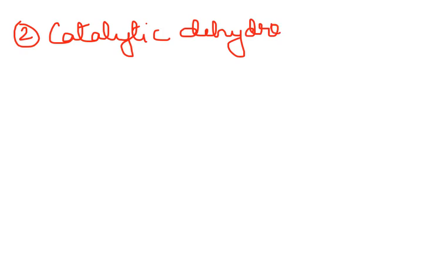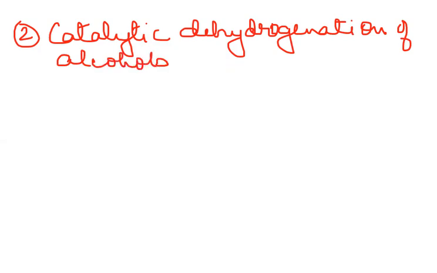Let me erase this first. So this is dehydrogenation, that is removal of hydrogen in a way. So dehydrogenation of alcohols. Now, how would you prepare this? It is simple.